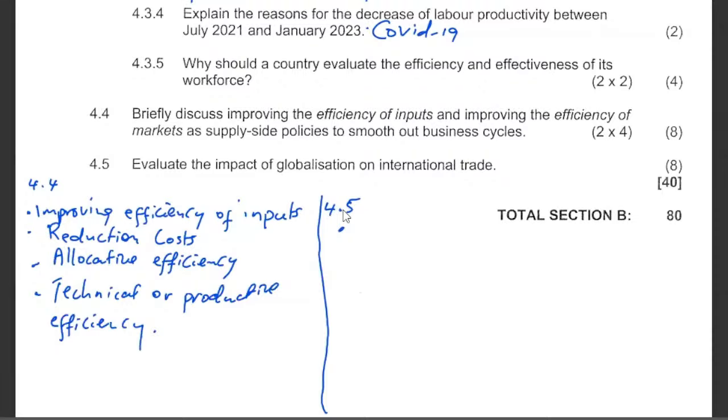We are saying that globalization resulted in greater interconnectedness among markets around the world.